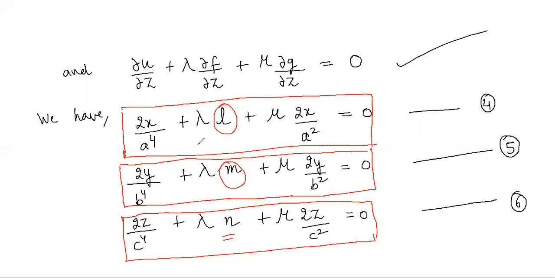We can find out x, and that x will be in the terms of lambda. So let us put here mu as minus u in equation 4 and solve it for x. Similarly, by considering mu as minus u in equation 5, we will be solving for y, and in equation 6, when we will be putting mu as minus u, we will be solving for z.